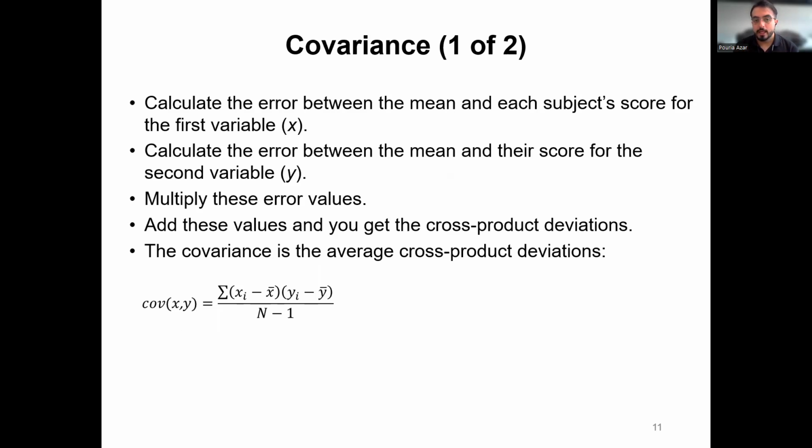Then we calculate the error between the mean and their score for the second variable, which is our packet spout. We multiply these error values, add them all together, and then divide by n minus 1 again. We have 5 participants here, so n minus 1 is 4. This is how we calculate covariance.